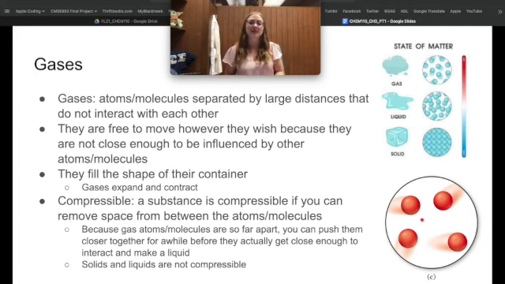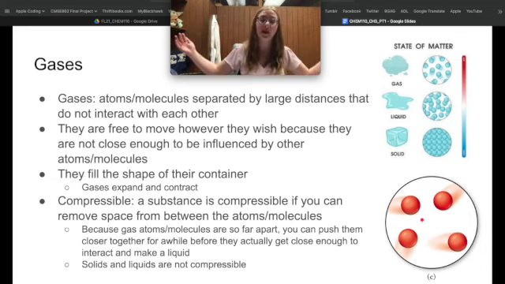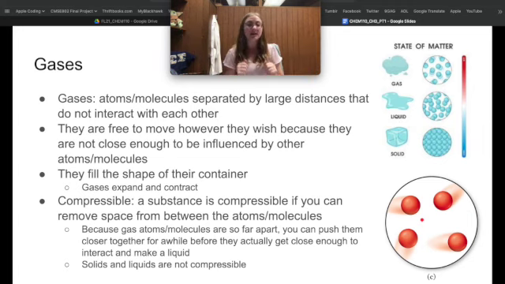So when something is able to take the shape of its container and fully fill that container and have the ability to expand and contract, they can get bigger in volume or smaller in volume. They can take up more space, take up less space. We call that compressibility. So a gas is compressible. It's the only state of matter that we're going to talk about in this class that's compressible.